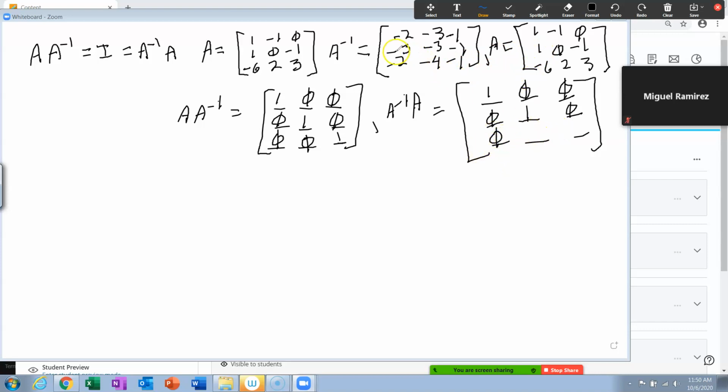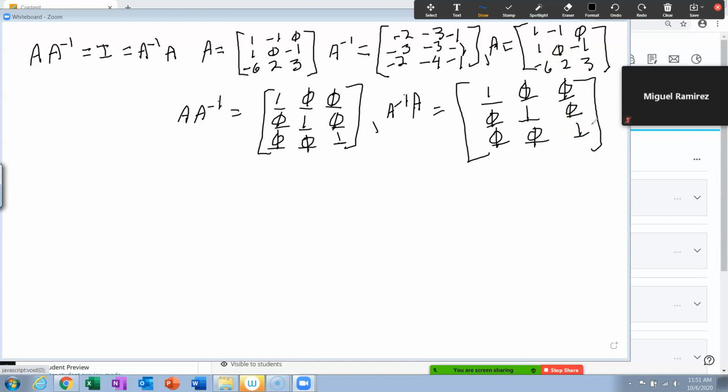3, 2 entry here, third row, second column, positive 2 plus 0, minus 2, sure enough is 0, and third row, third column, 3, 3 entry, 0 plus 4 minus 3 is 1.